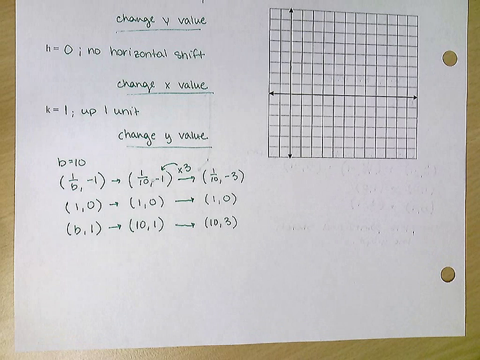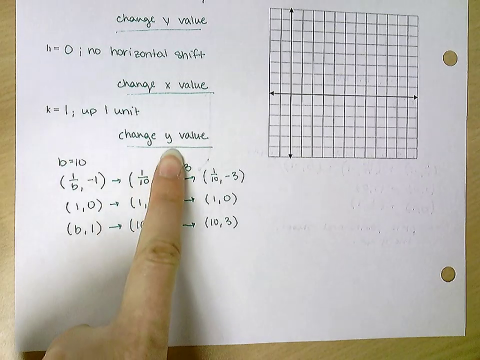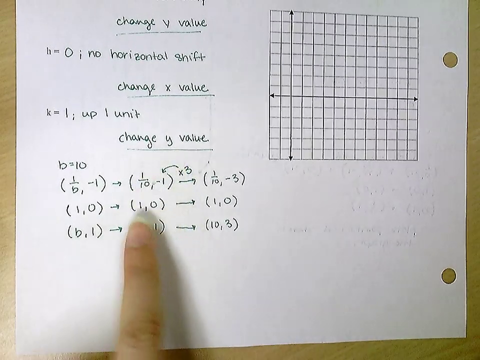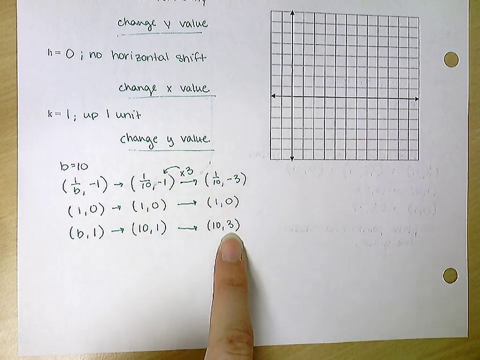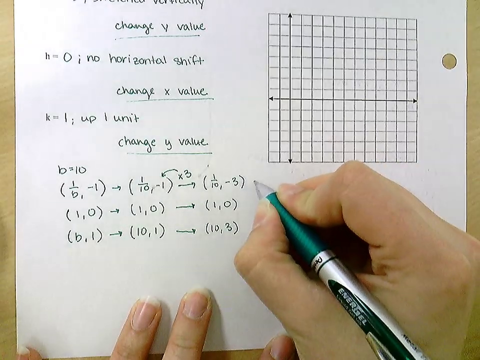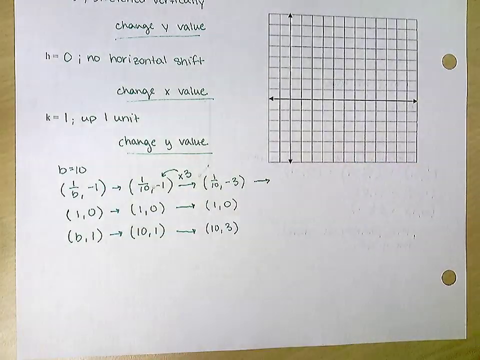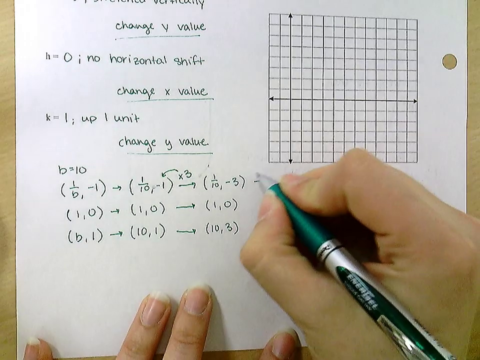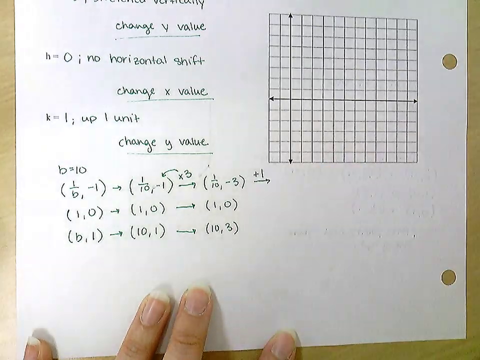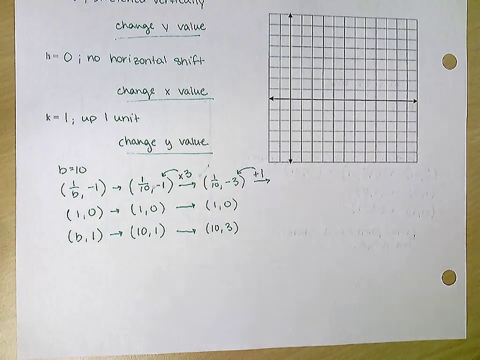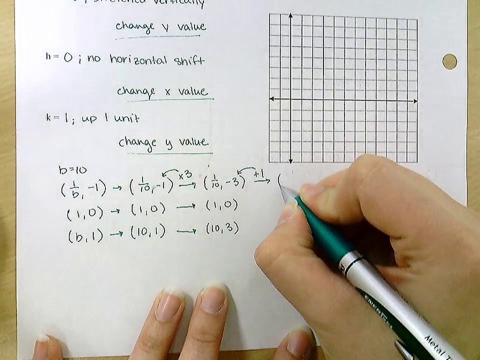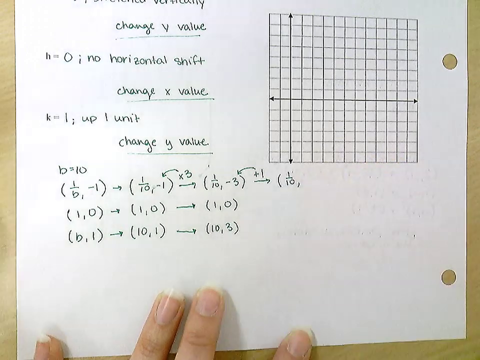Okay, I had another change. What was my other change? It was this 1 here, and I have to change y again. I'm not changing any of my x's, but I need to change these y values. Since I'm going up 1 unit, I'm going to add 1 unit to all of my y values. So here I would have 1/10.